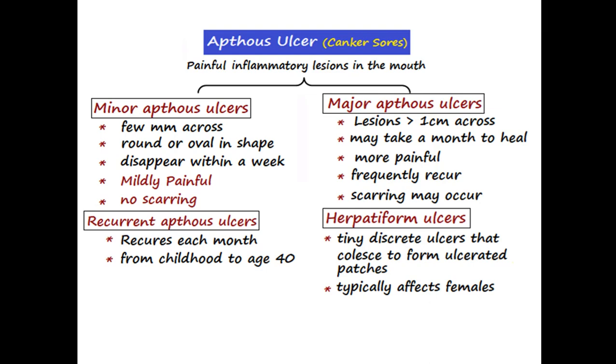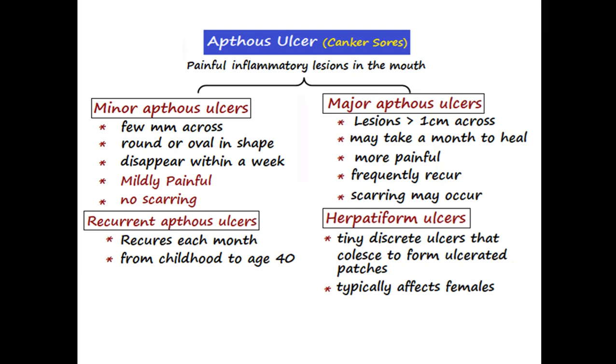Actually, the Aphthous ulcers, which are also known as canker sores, are small, painful, inflammatory lesions that occur in the mouth, in various portions of the mouth: the inside of the cheek, the tongue, the gums, the soft palate. These are the parts that we study inside the mouth. Now the Aphthous ulcers are divided into four types.